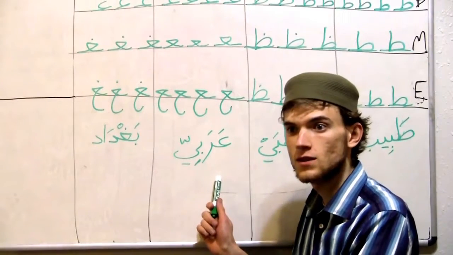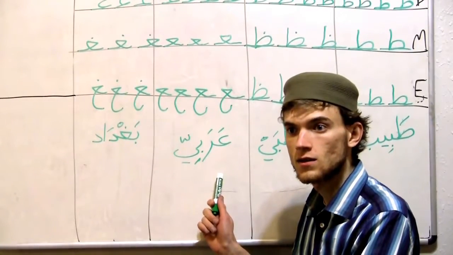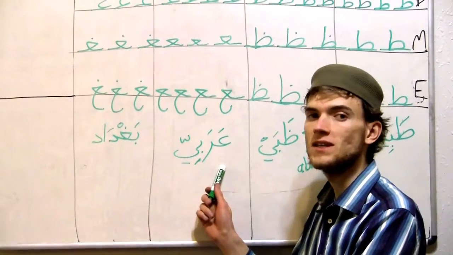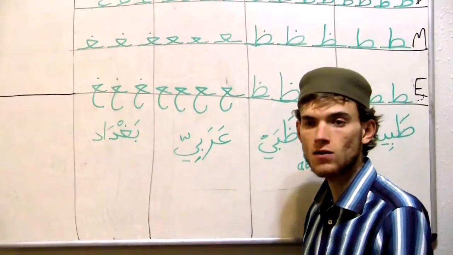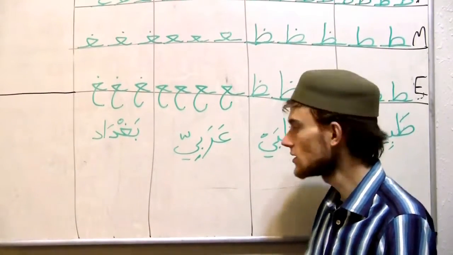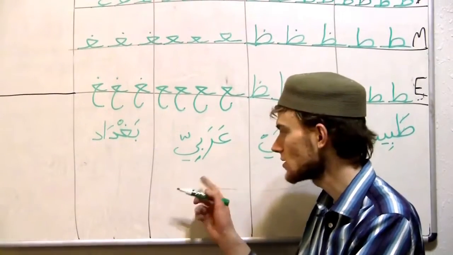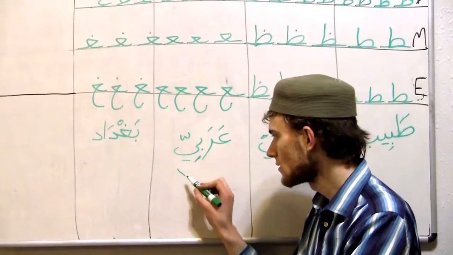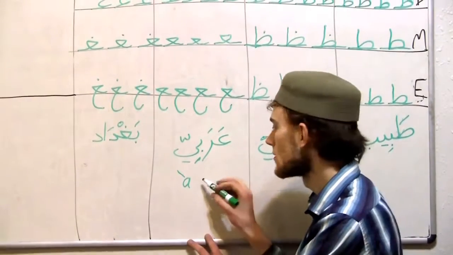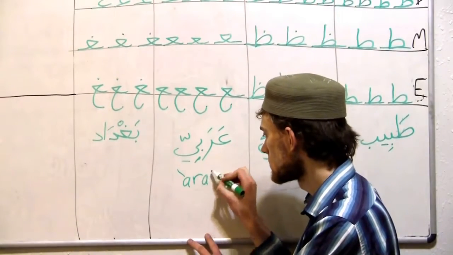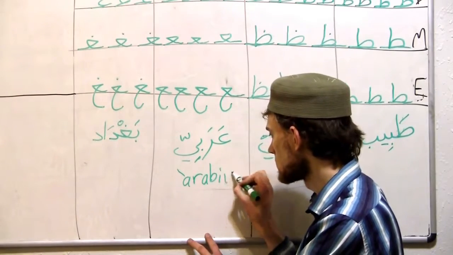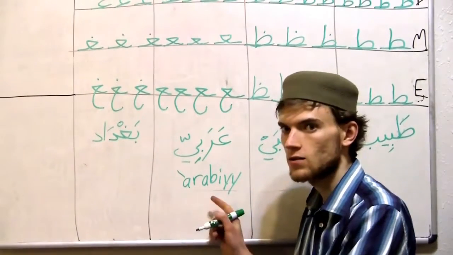Wa alaikum salam. Good. Arabi. Notice the ya has a shadda on it. It's a consonant here. Arabi.